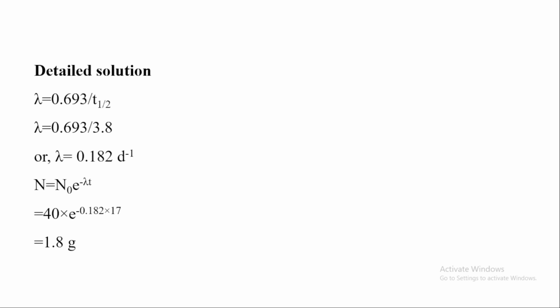If we calculate, 0.182 into 17 would be equal to 3.09, and e raised to the power of negative 3.09 would be approximately equal to 0.05.